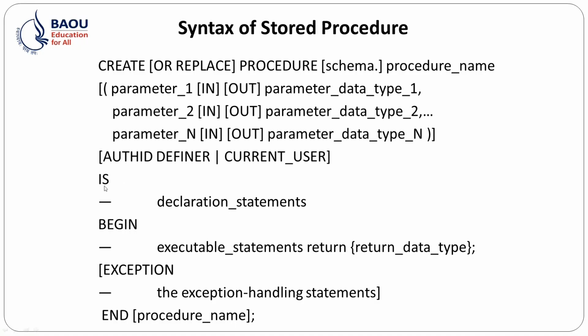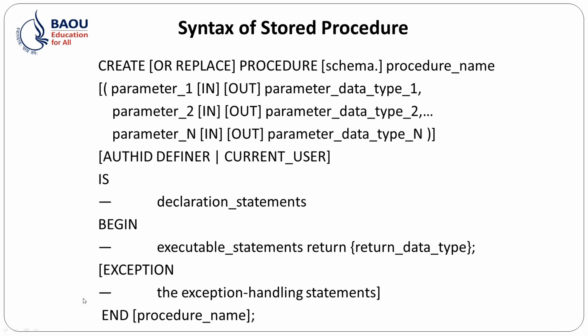Then IS represents the beginning of the body of the procedure. The code between IS and BEGIN makes the declaration section. It will declare the variables. Then BEGIN represents the coding part of the procedure.